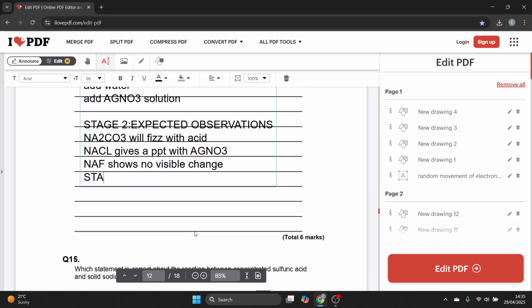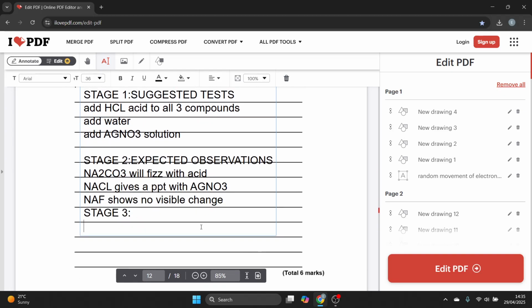And then stage three, my equations. Well, equations for what? For any reactions that would take place. Would NaF take place? No. So the only things that can take place are Na2CO3 and NaCl.